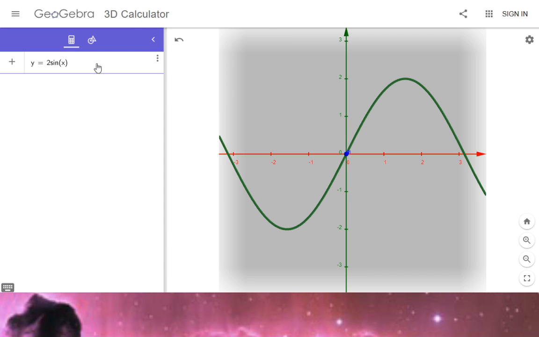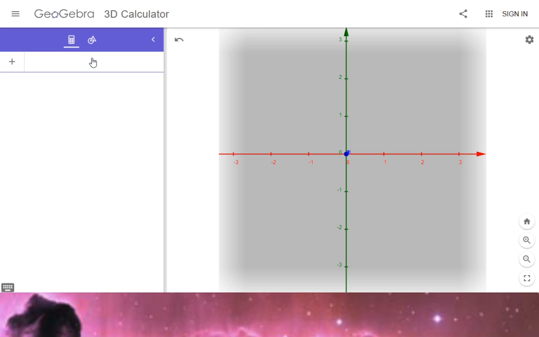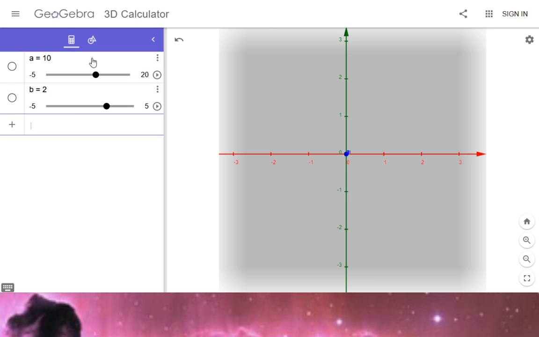So if I was to do, let's say, A equals 10, let's do B equals 2, and then let's do Y equals 20 log of A divided by B. Okay, let's try something else.